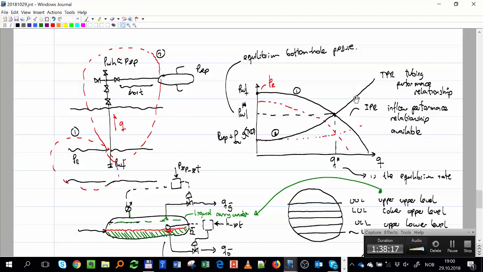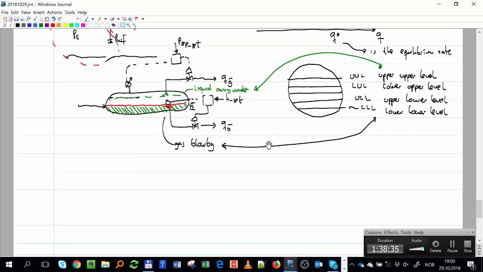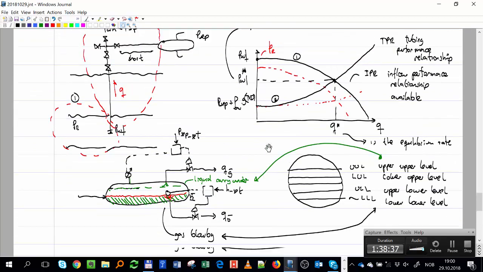If I start here, the rate will increase until I reach this point. If I start here, the rate will decrease until I reach that intersection. Okay, clear? More or less?